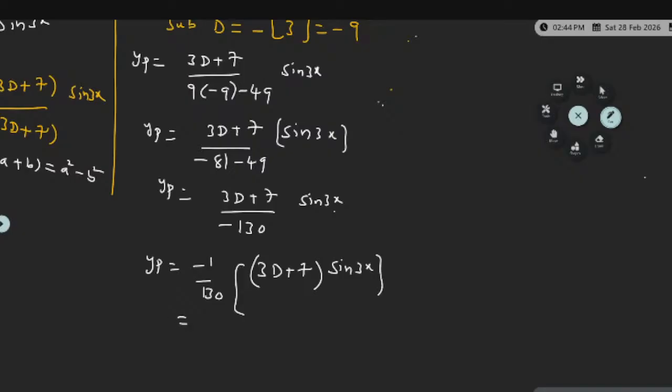Okay, first one, apply sin 3x to the first term, 3d of sin 3x. 3d of sin 3x is the first term, and what is the second term? 7 sin 3x.